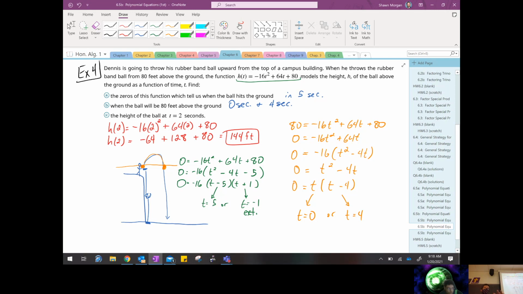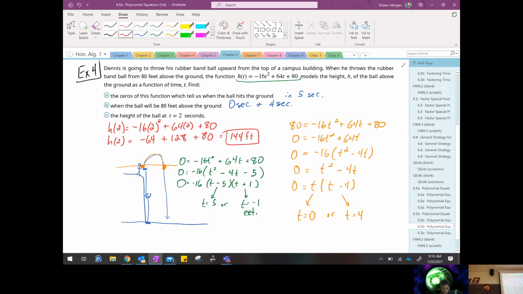Now, again, there's a difference between A and B and part C. Which one did you guys find to be a little easier? I'm shocked by that. Usually part C is the easiest part here. Just plug and chug. Just do arithmetic, okay? There was no solving. There was no factoring. There was no ZPP business. It was just, we'll plug in t equals 2. We'll plug in t equals 3. We'll plug in t equals 3.6. We'll plug in t equals 7.